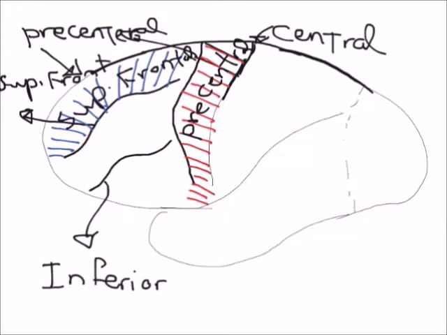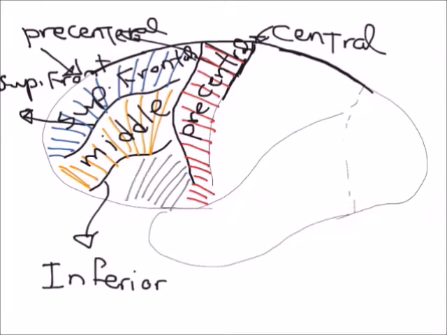And this one here in the middle, between the superior and inferior frontal sulci, is called the middle frontal gyrus, and lastly this one, which is lying below the inferior frontal sulcus, is called the inferior frontal gyrus.